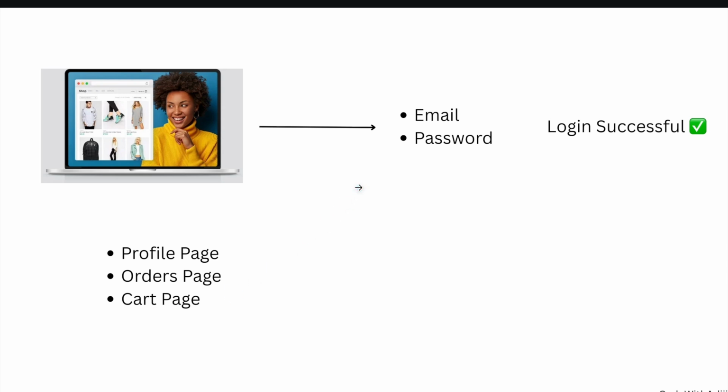Now think about it. How does the server know that all these requests are coming from the same person with that same email and password? It can't ask you to enter your username and password every single time. That would be frustrating, right? So after you log in once, the server needs a way to recognize you on every further request. This is the problem that JWT solves.